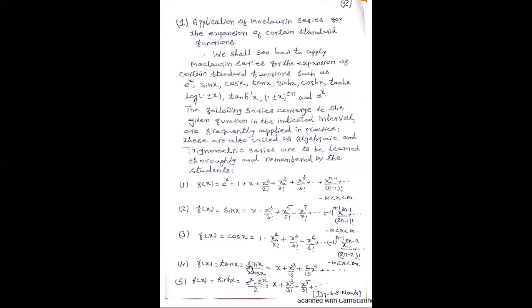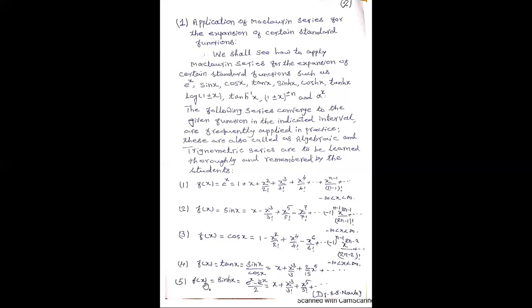When you divide, the terms will get converted in the form of x plus x cube upon 3 plus 2 upon 15 x to the power 5. We'll see the proof of this when we go into solving the problems on this. I'll show you how to find this x plus x cube upon 3 plus 2 upon 15 x to the power 5 by dividing sin x by cos x.